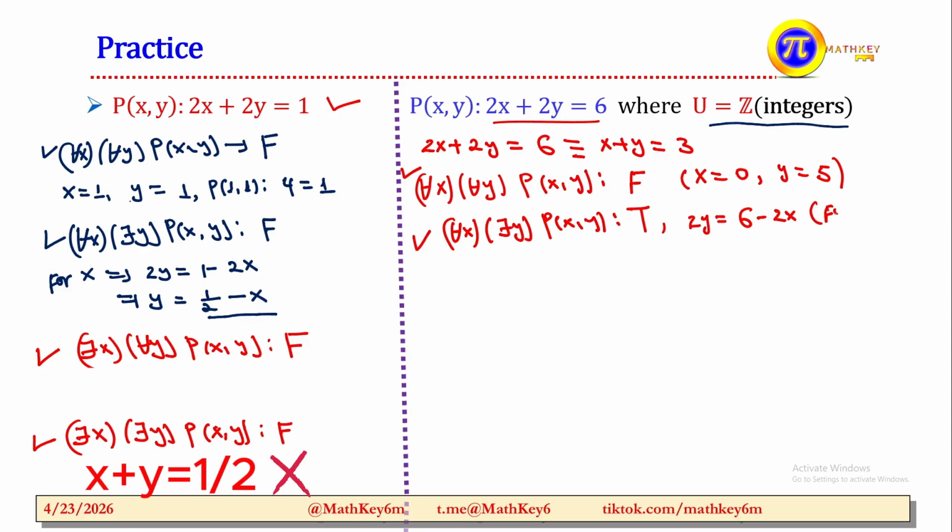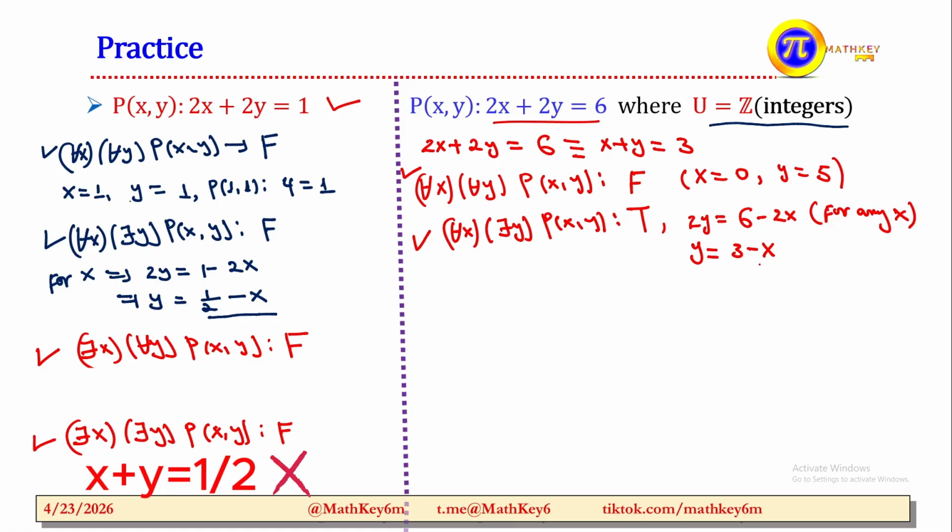Dividing both sides by 2, y equals 6 divided by 2, that is 3, minus 2x divided by 2, that is x. So when you take any x here, we can find a corresponding y.